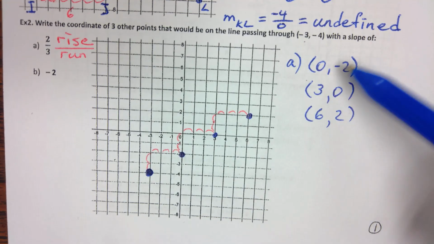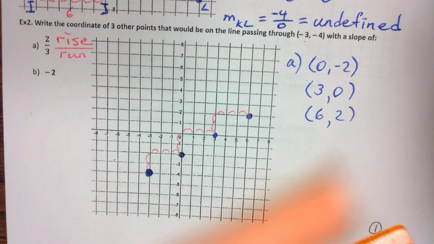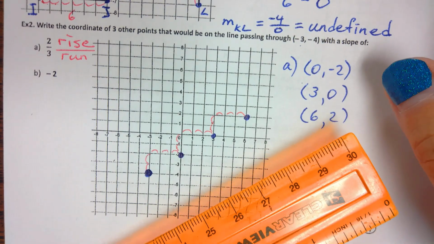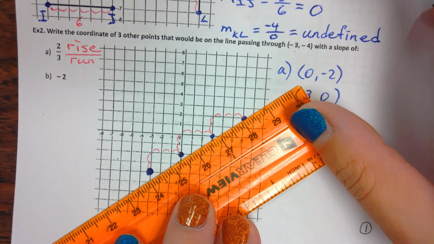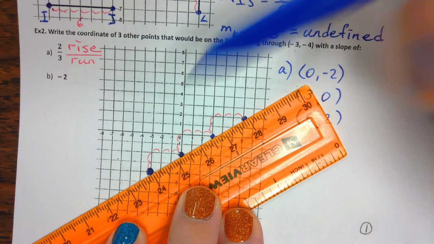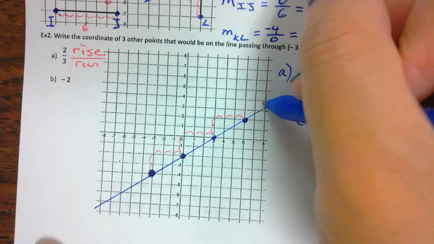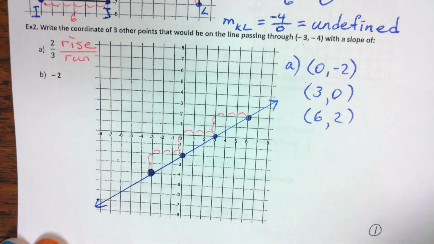How many points can I find if I keep doing this? Can I find 5, 10, a million? So how many points, Claire? Unlimited points, infinite points, right? Because a line is made up of unlimited points. Okay? And there's my line.